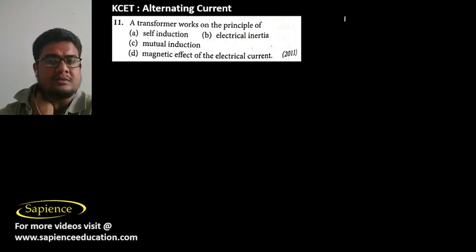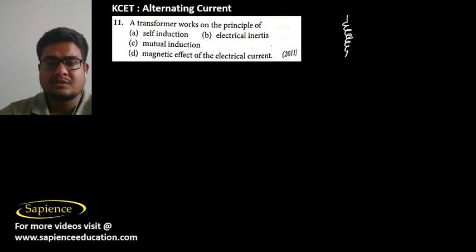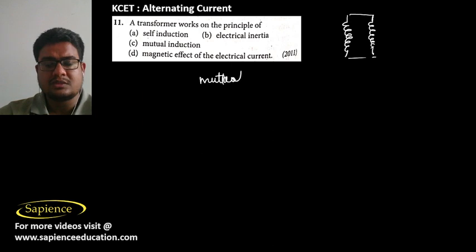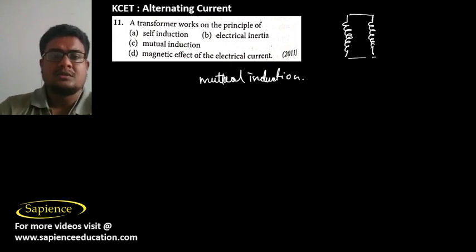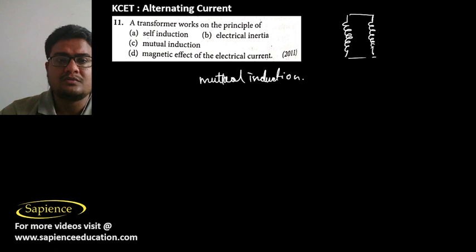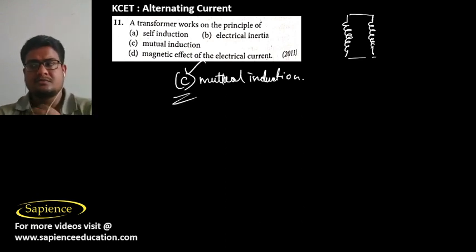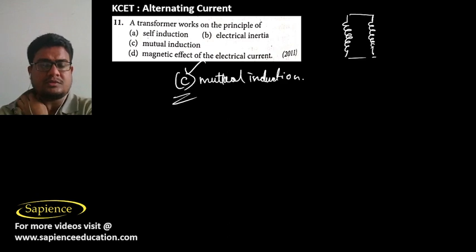There is a primary coil whose magnetic flux is linked with that of the secondary coil. So it means that it works under the principle of mutual induction. C is the correct answer.